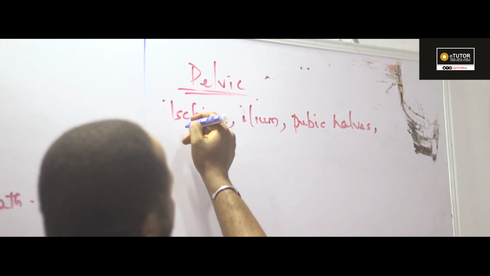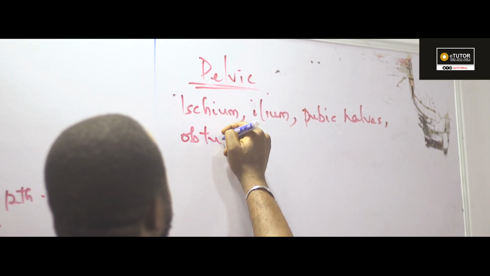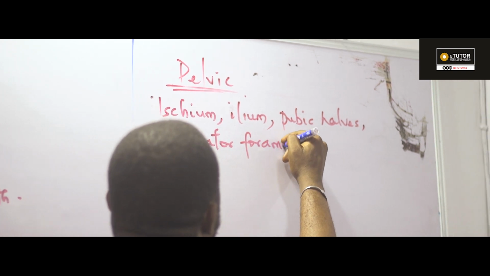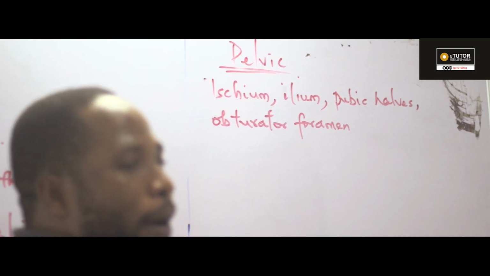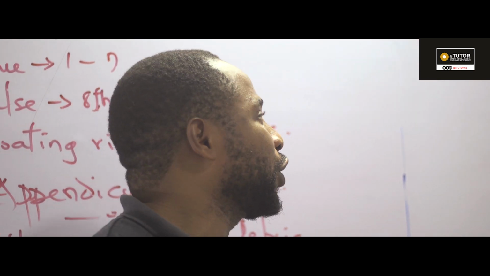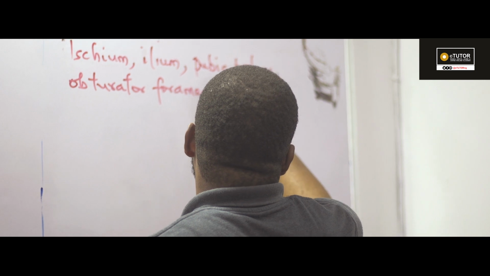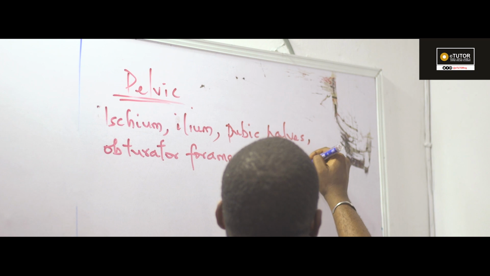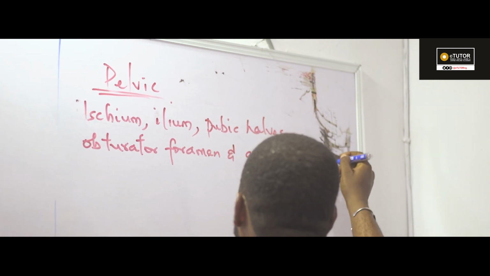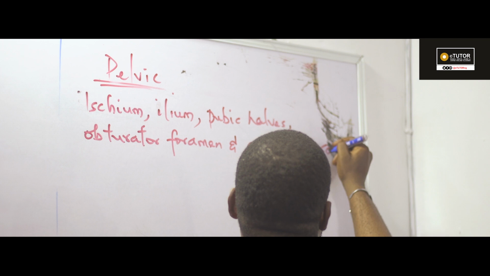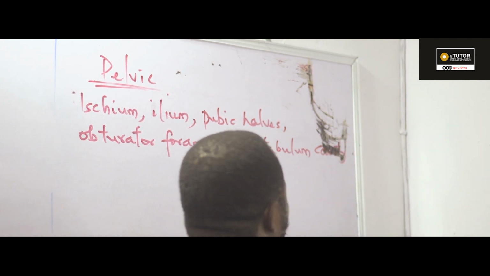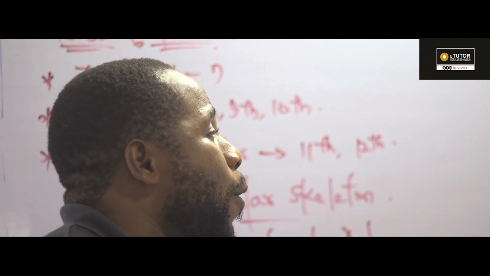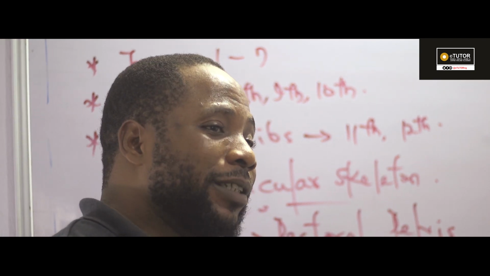A foramen called the obturator foramen allows the passage of blood vessels and nerves to the pubic region, and a notch called the acetabulum cavity provides a surface for the head of the femur to allow movement in all directions.